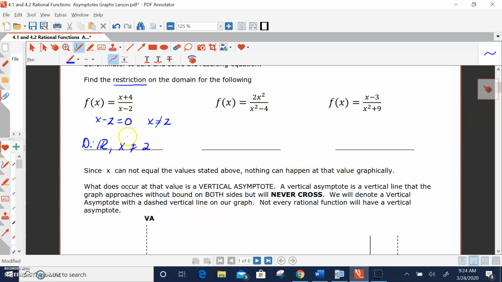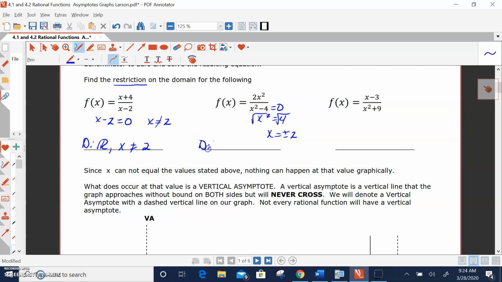And what we're going to find out is something interesting happens at that domain restriction, graphically that is. Okay, let's take this denominator, set it equal to 0, and solve it and find out any restrictions. If I take the 4 over and square root both sides, I get plus or minus 2.